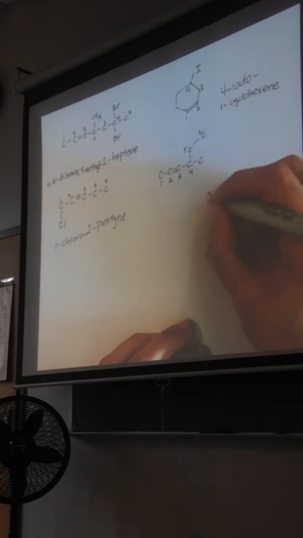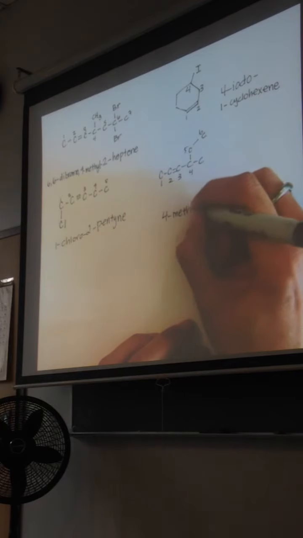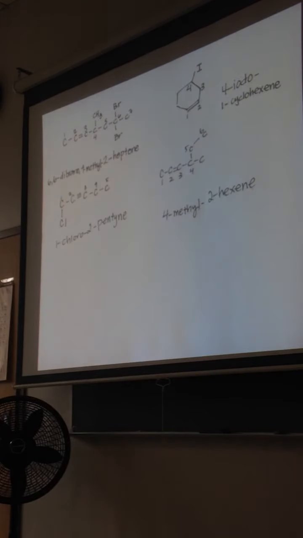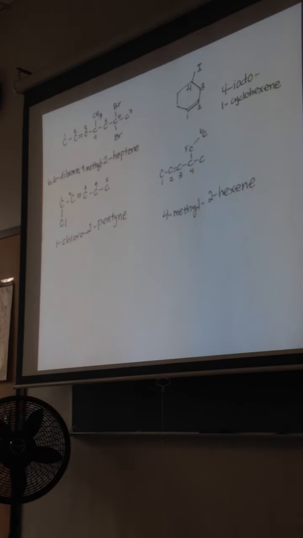The ene is on number 2, and on 4, we have a methyl. It would be completely incorrect if you wrote 4-ethyl-2-pentene. That would be wrong, counting this as your parent and this as a substituent. Any problems on those?